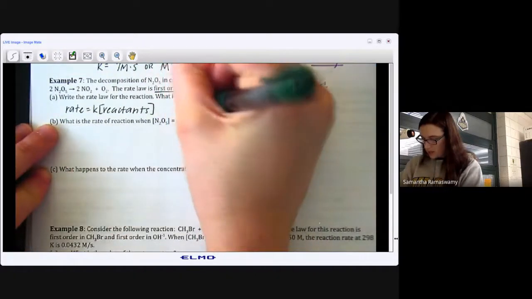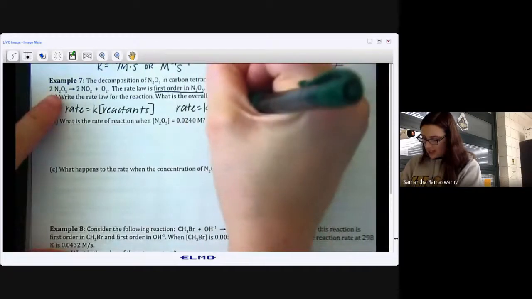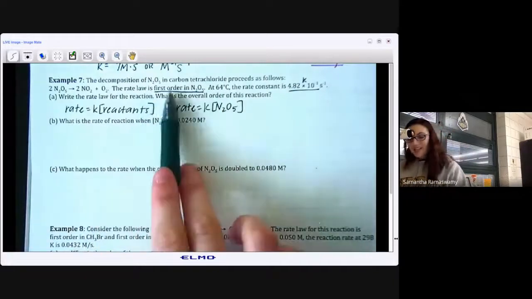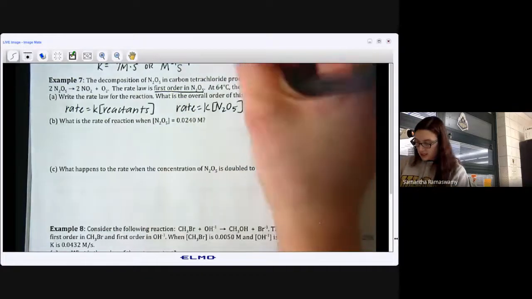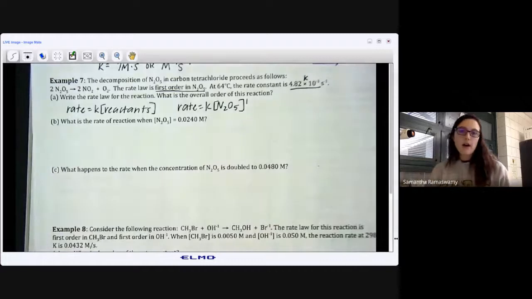Our reactant, we just have one reactant here, is N2O5. They have told us the order of N2O5. It's first order. The exponent is a 1. Now, you don't have to put the 1. Some people like to put that 1 so that they remember that it's first order. If there's no number there, you assume it's a 1.